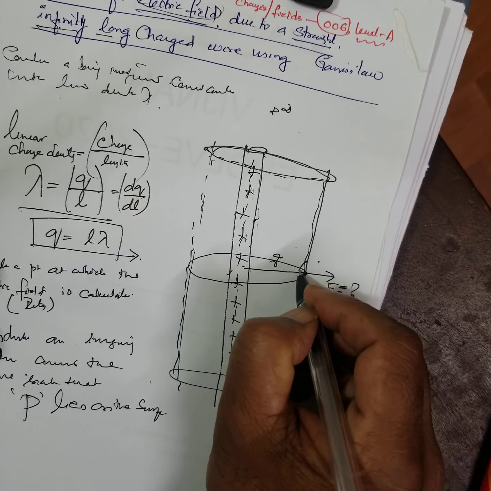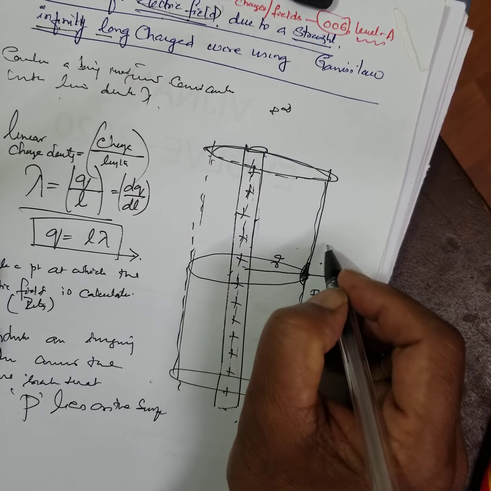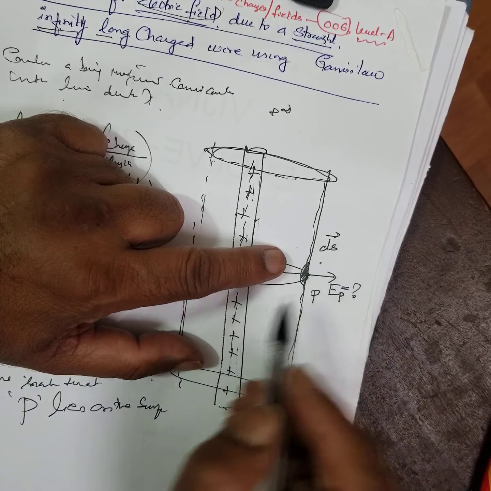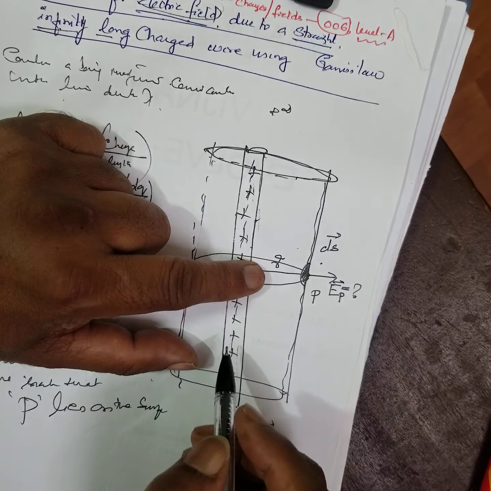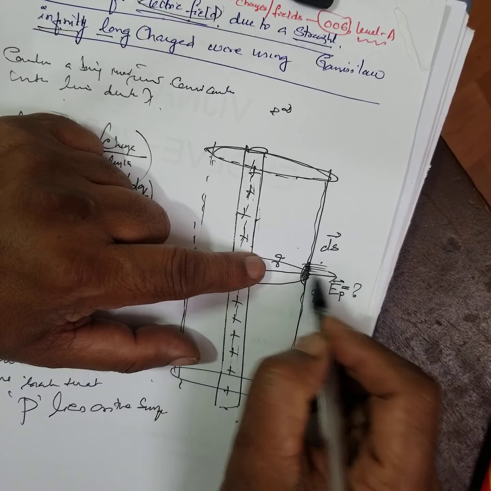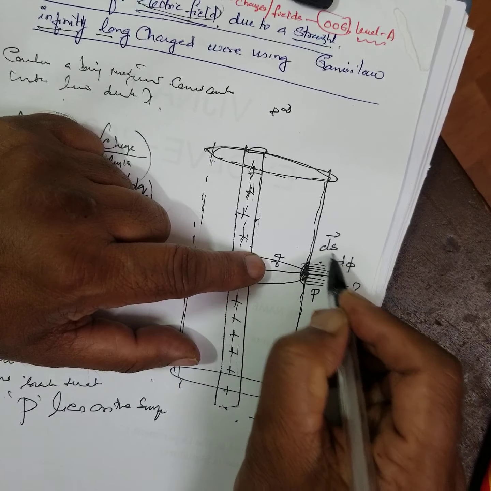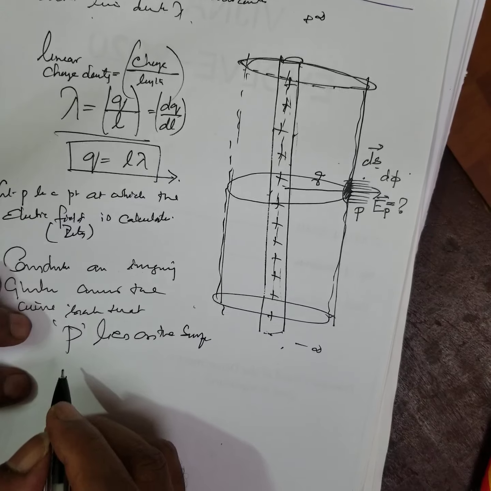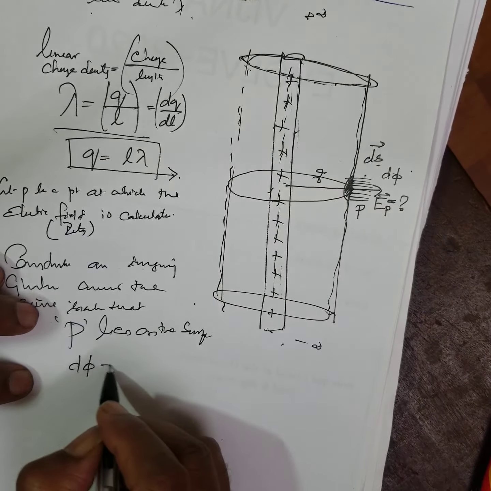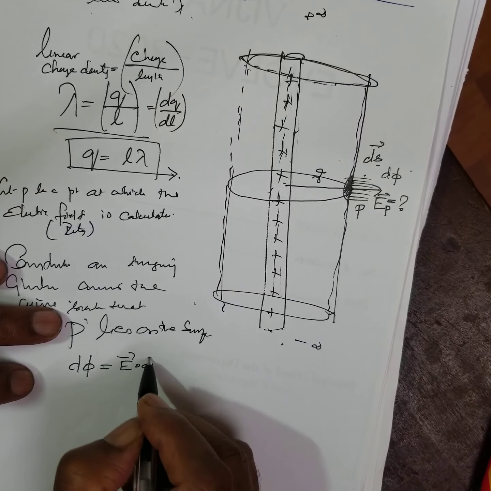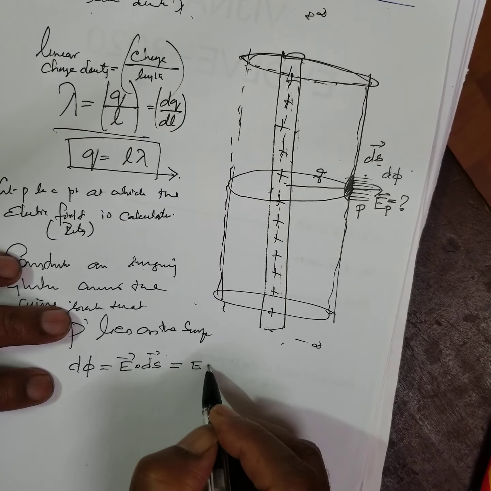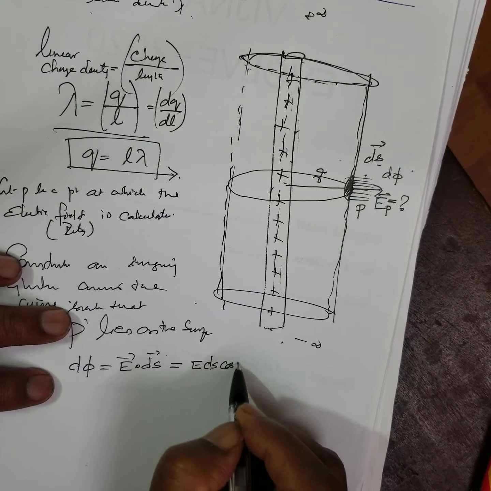Now imagine a small area ds. The area ds is a vector, and the electric field is also a vector. Now, what is the flux through this small area? d psi, according to Gauss theorem, is equal to E ds, that is E ds cos theta.